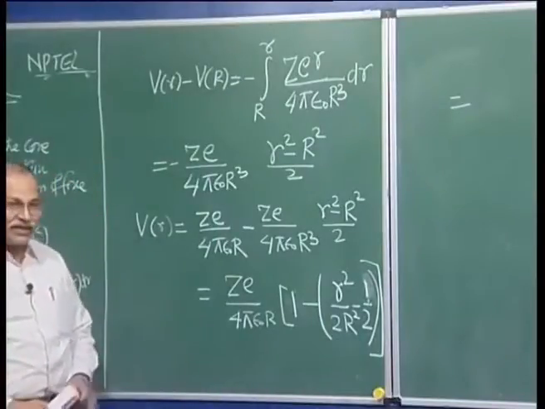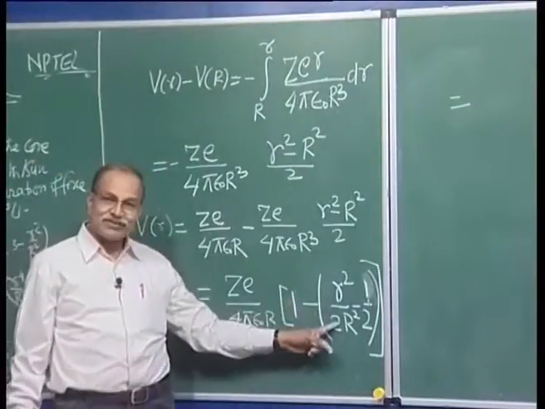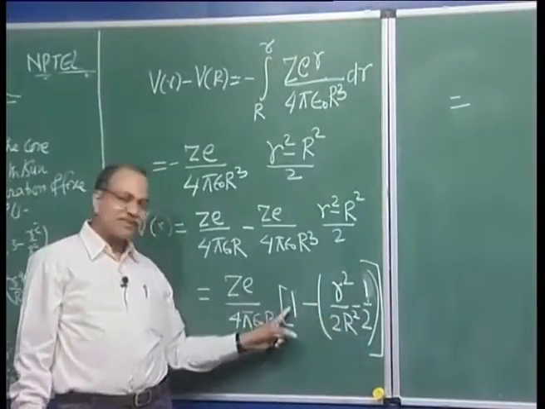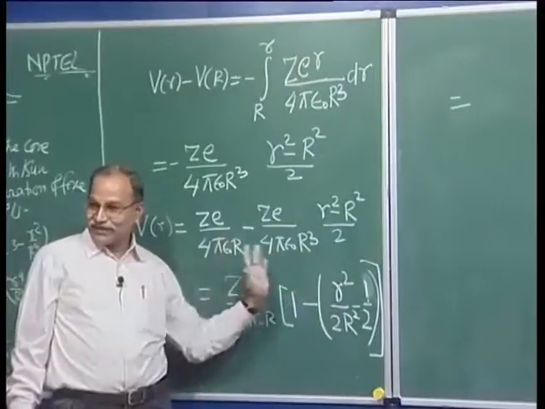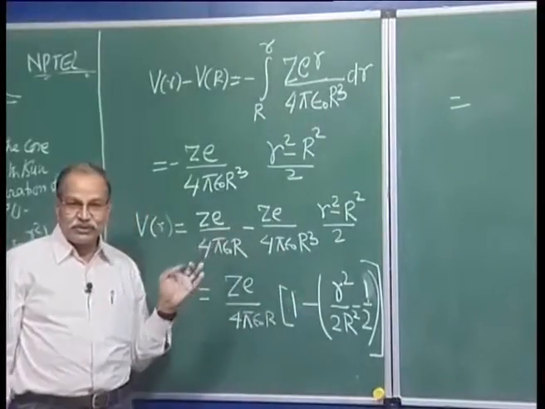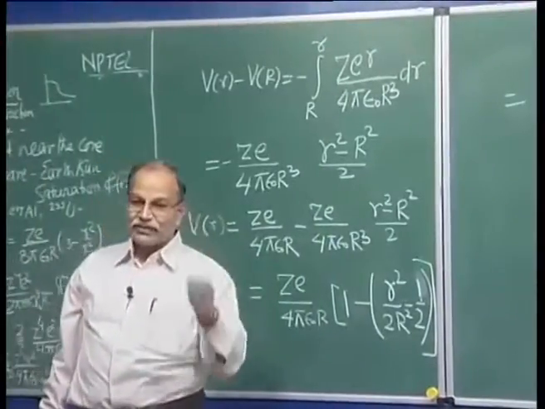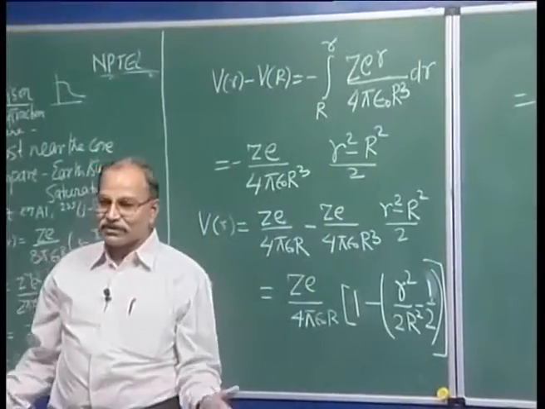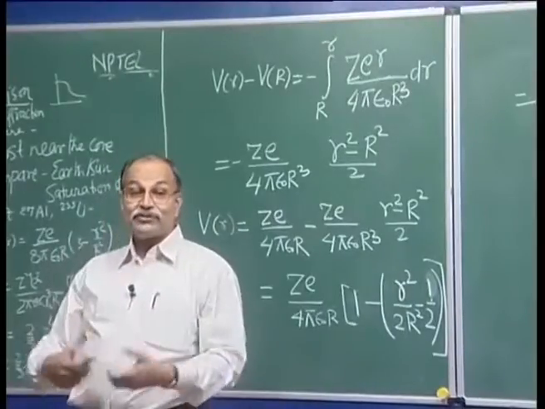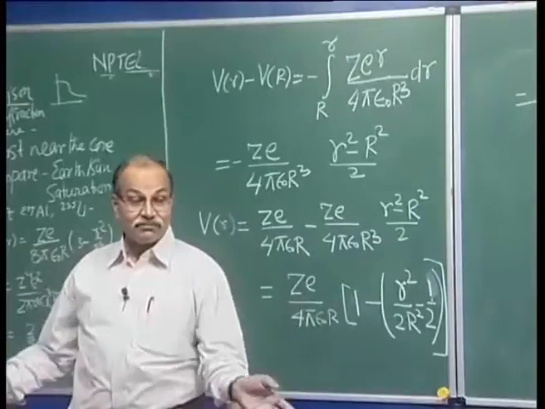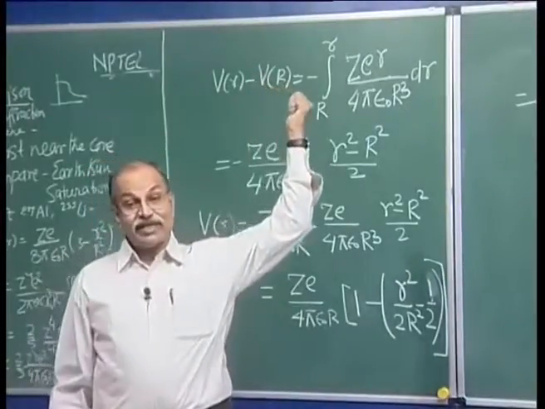Now, it looks fine. This is dimensionless, r square by r square, this is dimensionless, 1 by 2, this is dimensionless, 1. So, everything is consistent. So, make this a practice. Whenever you do algebra and you get expressions, periodically you see whether all terms have the same dimensions or not. If they are not, trace the error, somewhere an error has been made.